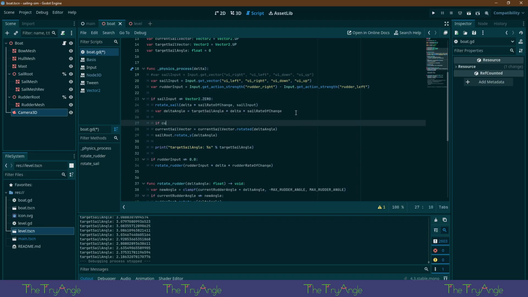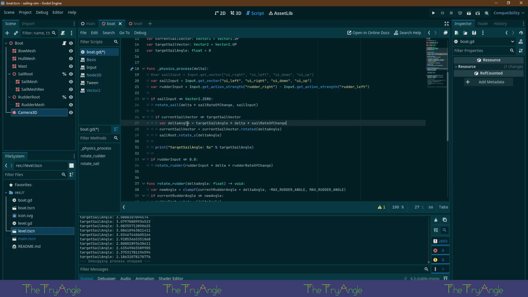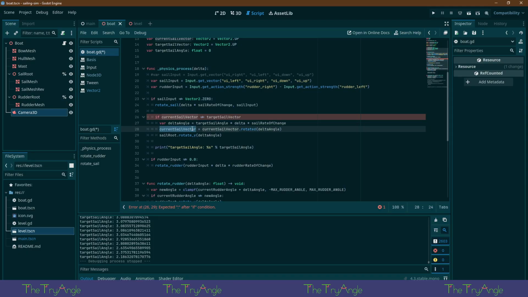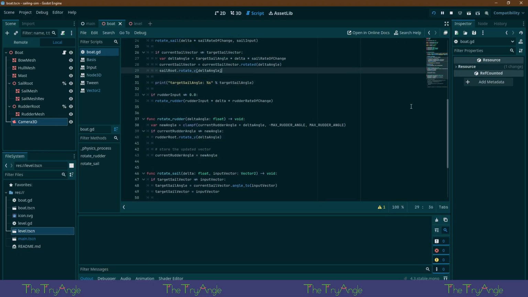We're going to say if current sail vector is not equal to target sail vector. Okay, we'll get a change. We'll rotate it, and we'll rotate the root. You're mad, you want this. Okay, let's see if that gets us a little more constant behavior.